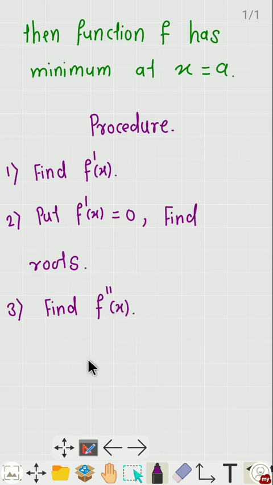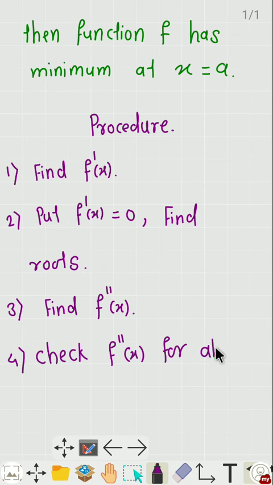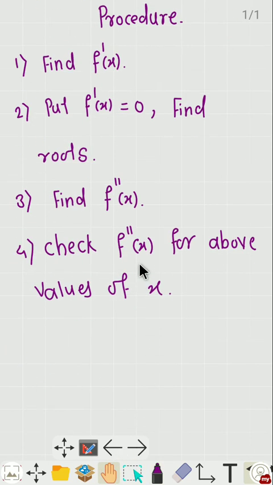In the fourth step, check f double dash of x for the above values of x, and here is the main part.